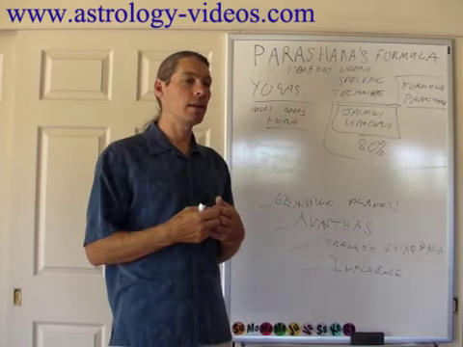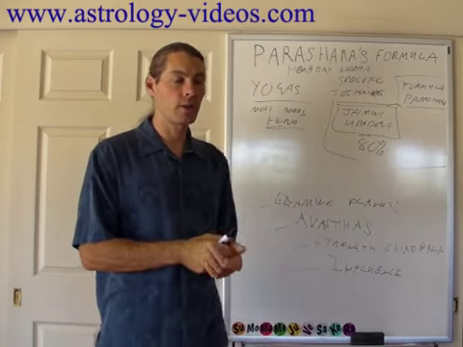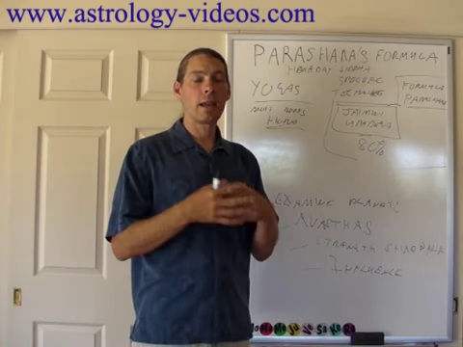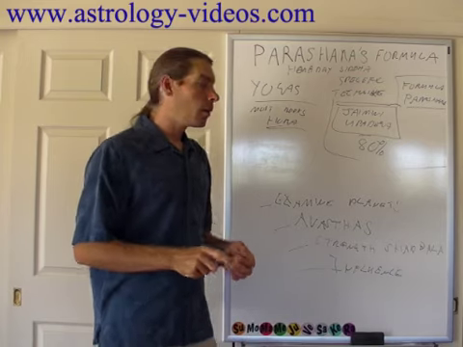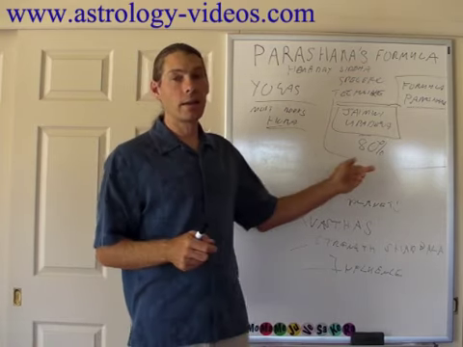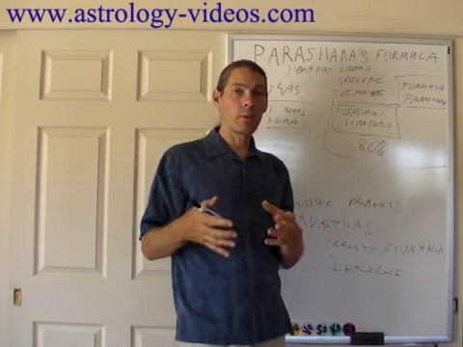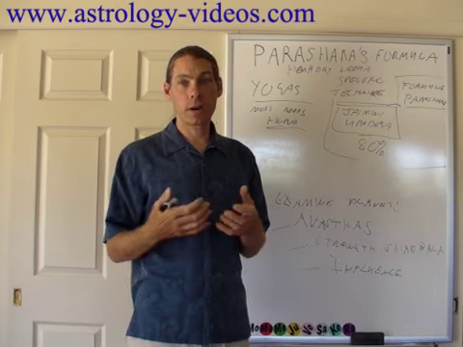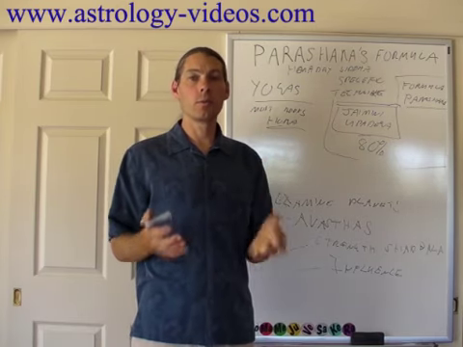And again, these are techniques that no one's used in at least 1,000 years, probably more like 2,000. Nobody uses any of these techniques I'm going to teach in this course, the Avashtas or any of that. The reason being, like I said, that trying to figure out how to put all those different variables Parashara gives together is extremely frustrating. And using any of those variables in isolation doesn't work.